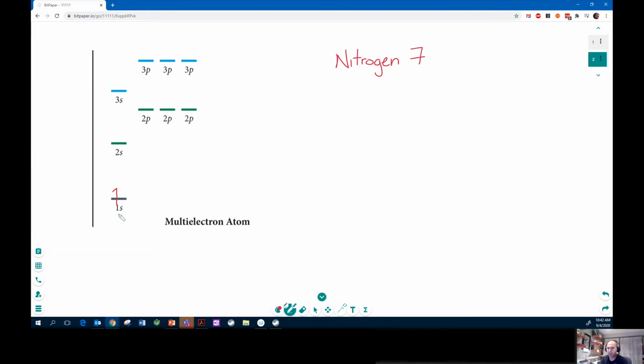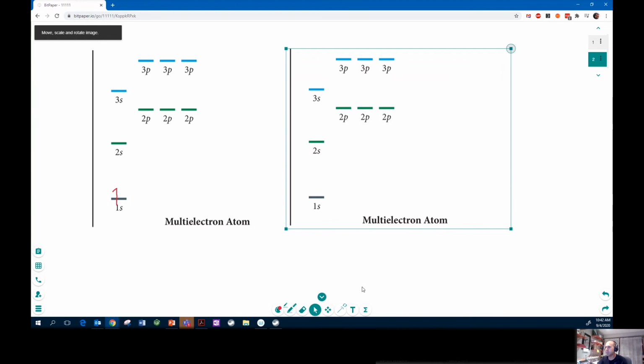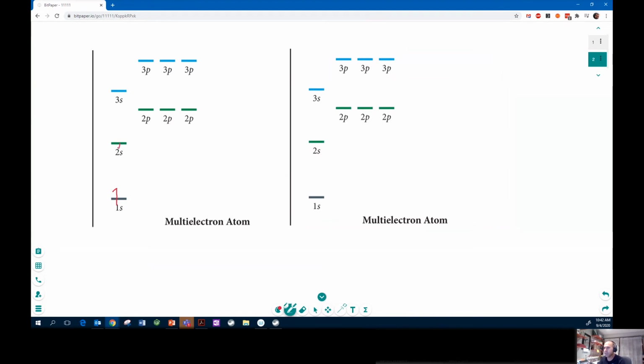Remember, when I pair electrons, there's a repulsion. But even for something as simple as dealing with 2 electrons, I have 2 possibilities. Either I can arrange my 2 electrons like this, or I can arrange my 2 electrons like that. So this would be, for example, for helium. Now, this version here has a lower energy, a more stable system, because the 2 electrons are closer to the nucleus.